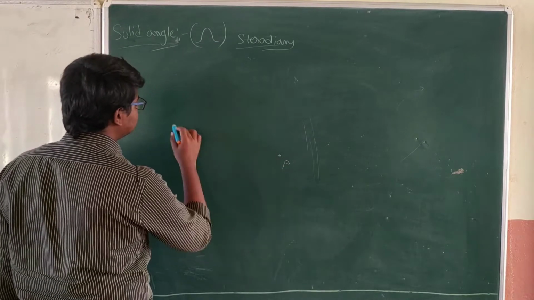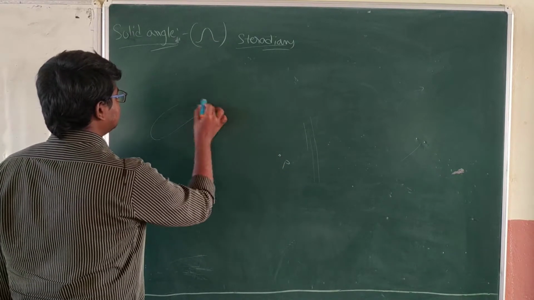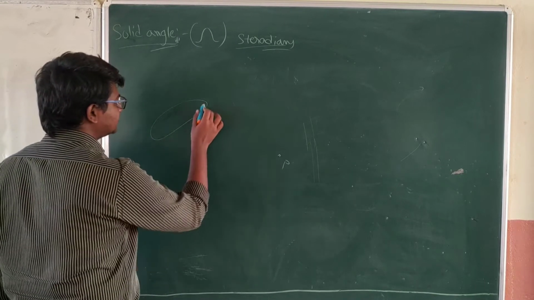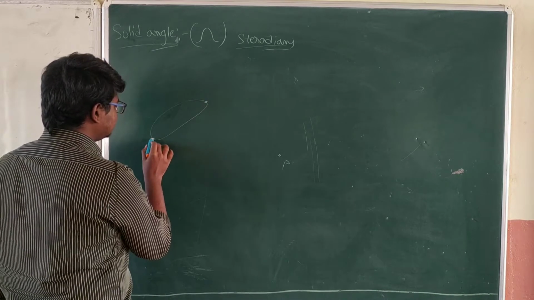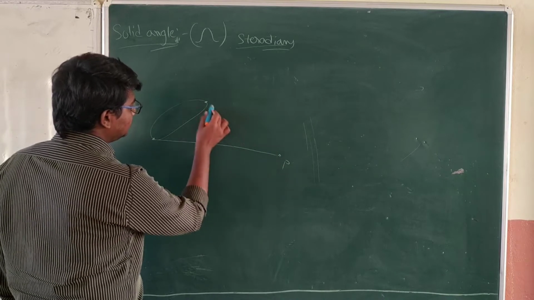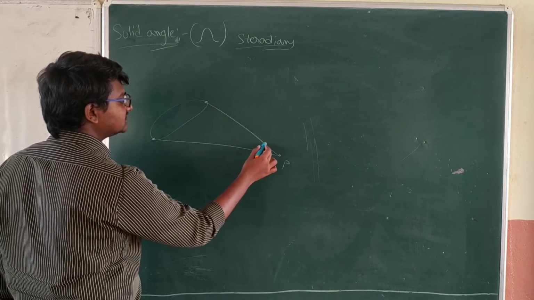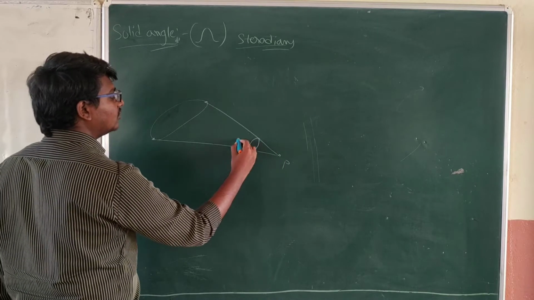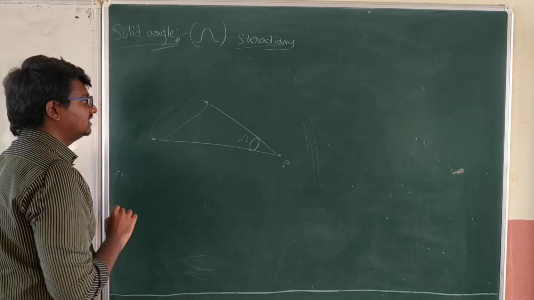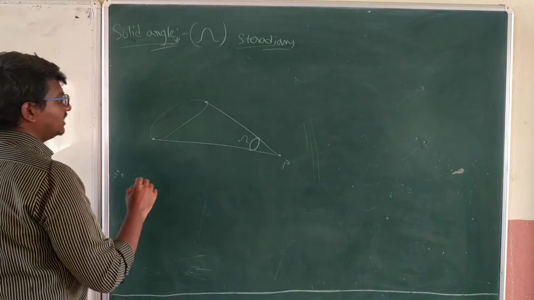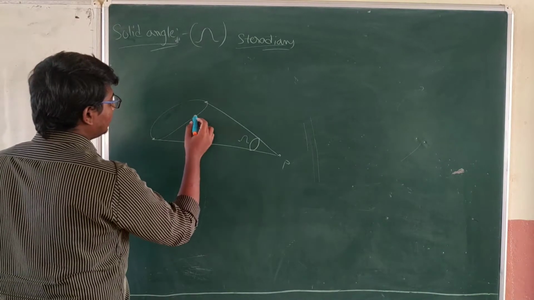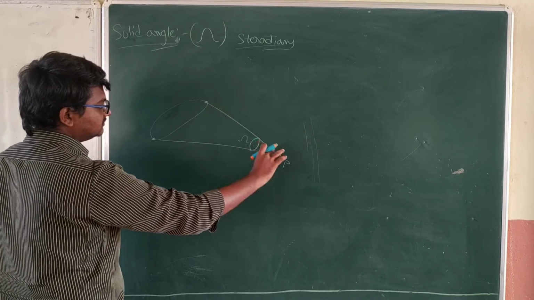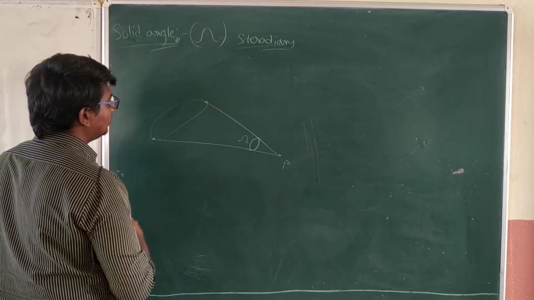For that, let's take this particular arbitrary surface. From these edges, let's join like this, and this is nothing but the steradian angle omega. But these two lengths are not the same.